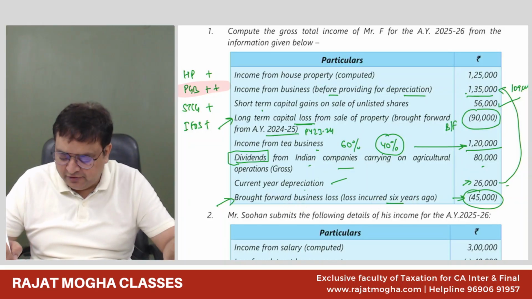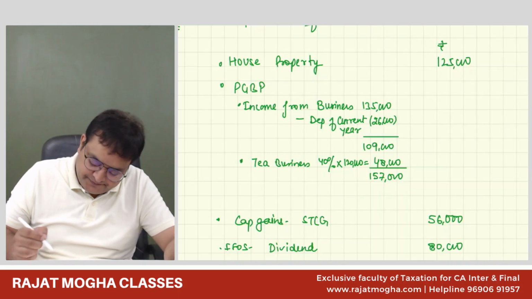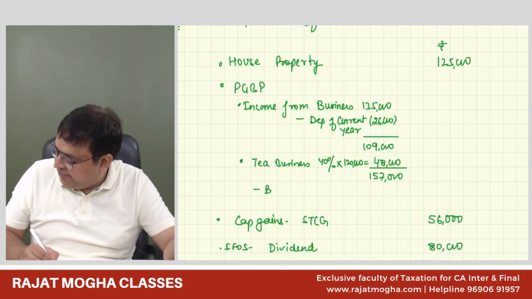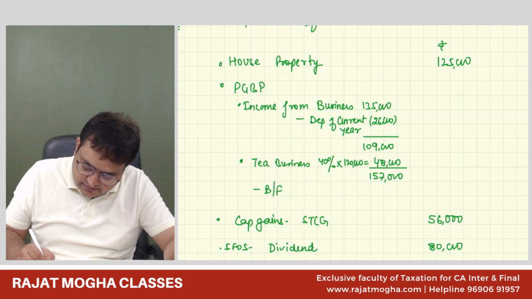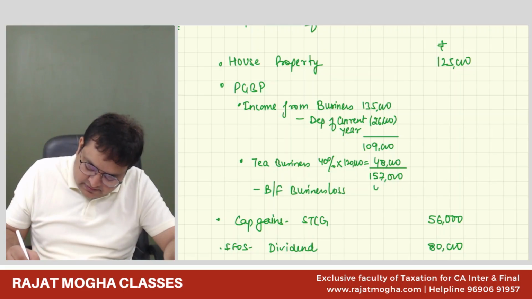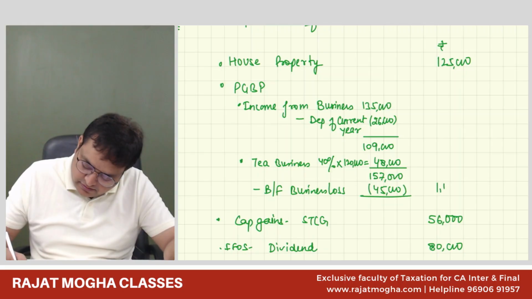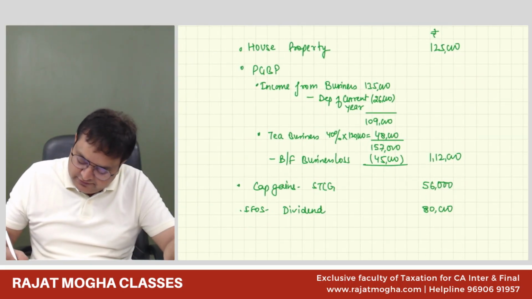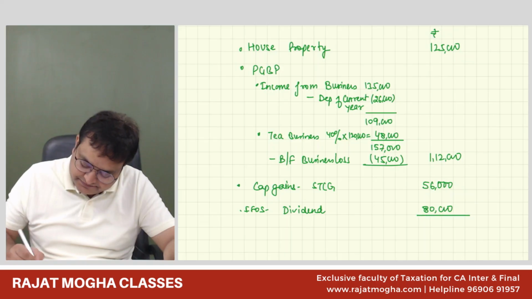It is not an expired loss. So 45,000 is there, which I can set off from my PGBP. Less brought forward business loss, 45,000 will be set off from here. 1,12,000 will come here. Understood? So this would be my GTI.